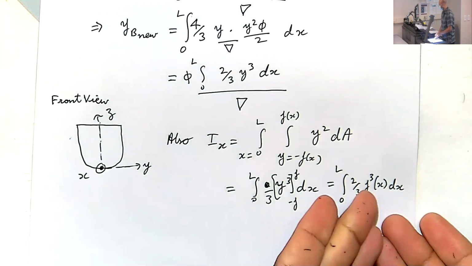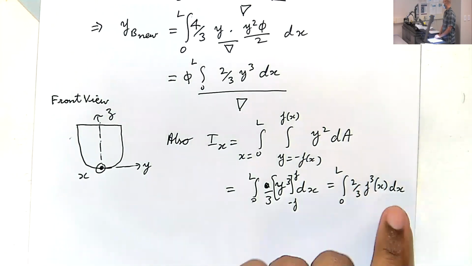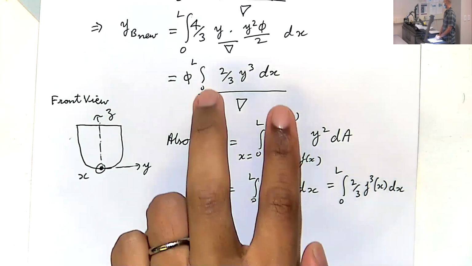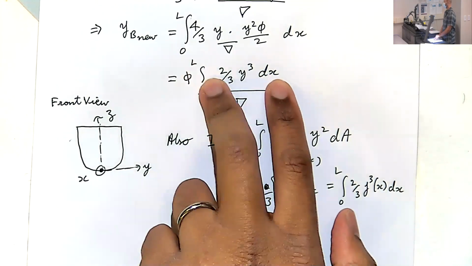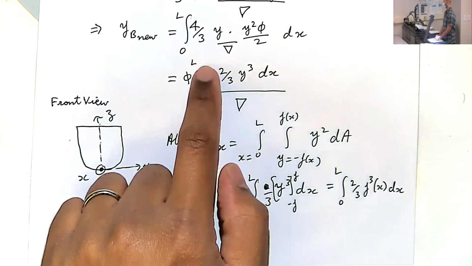You can leave it as y or write f, they are the same thing. And you see this 2/3 f cubed is the same as what we have here. So this term is basically Ix.